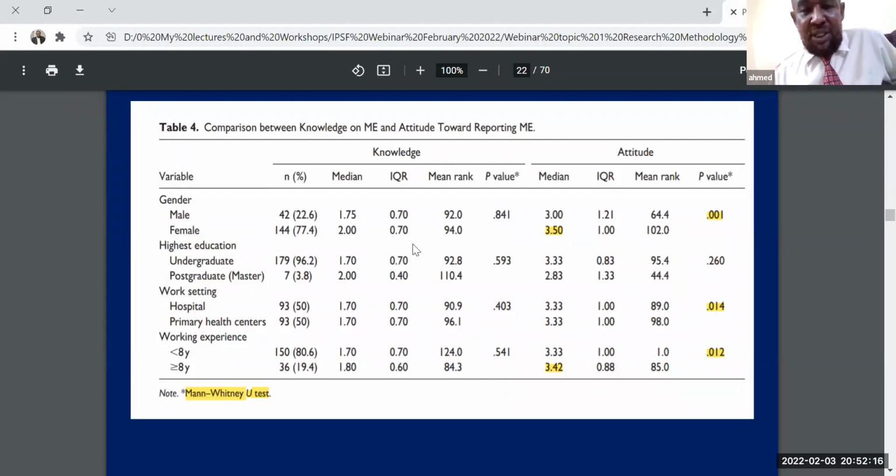And if we think that the data is not normally distributed, we use median. This is why here they use the Mann-Whitney test. Normally, if we compare mean between two groups, we use the student t-test. If we compare median, we use the Mann-Whitney test, which is used instead of the student t-test when the data is not normally distributed.